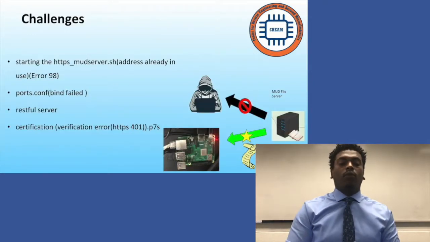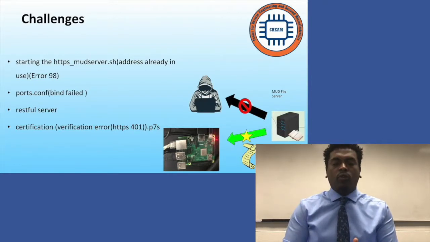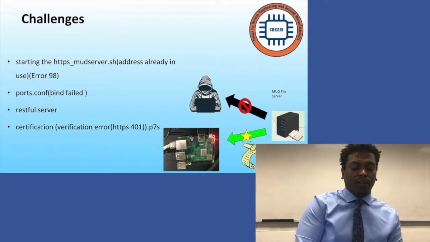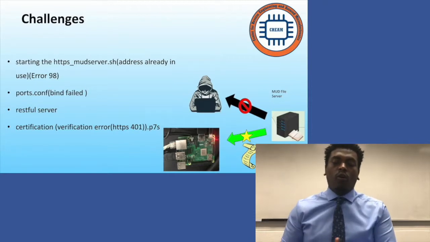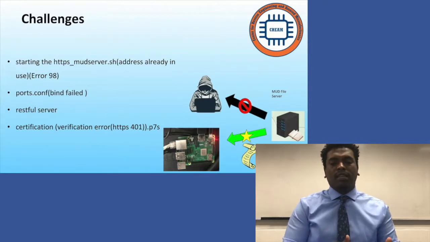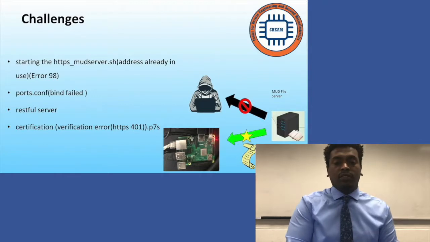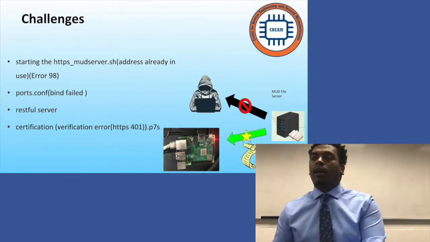The challenges that we were facing were first the port communication between one of the servers and our clients, or there was a problem with signature. The first problem, as I said, was a port conflict between our HTTP server and our Apache server.